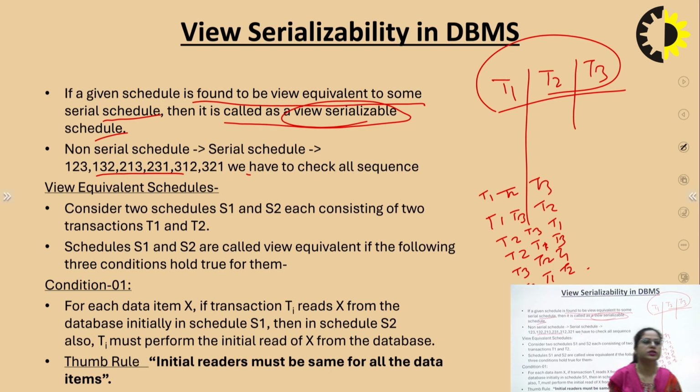View equivalent schedule: consider two schedules S1 and S2, each consisting of two transactions T1 and T2. Schedules S1 and S2 are called view equivalent if the following three conditions hold true. There are three conditions for checking whether the schedule is view serializable or not.